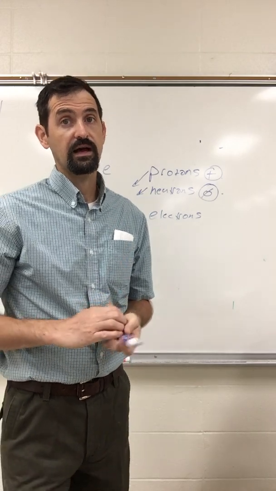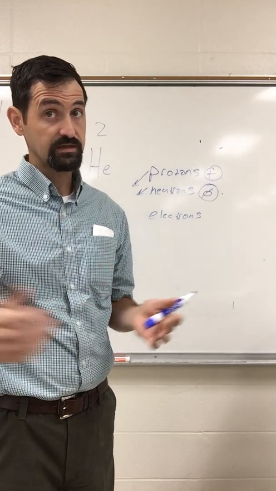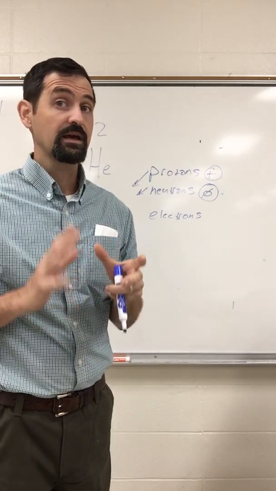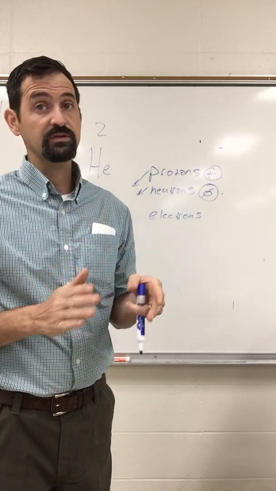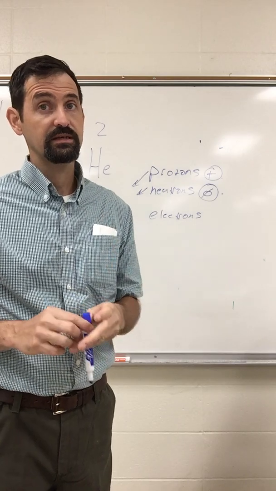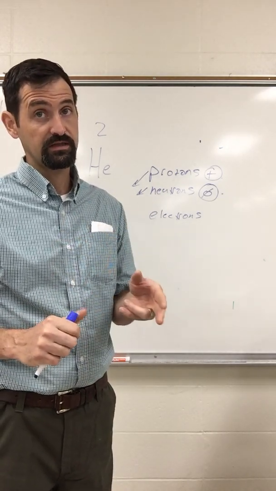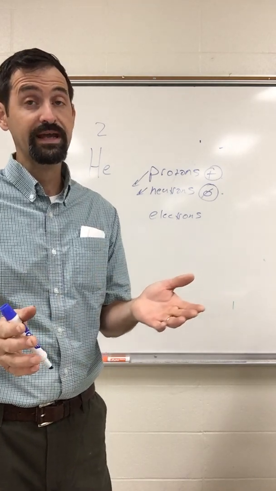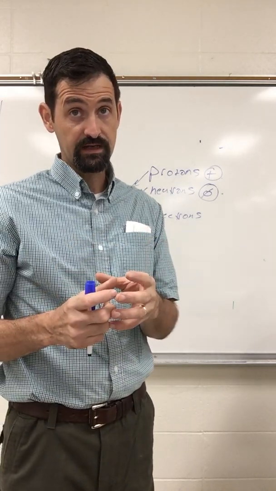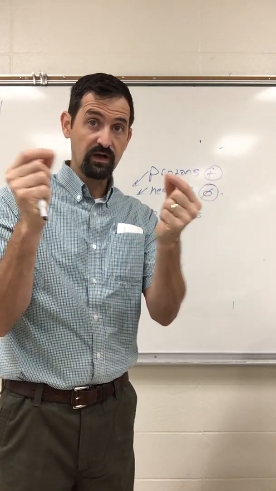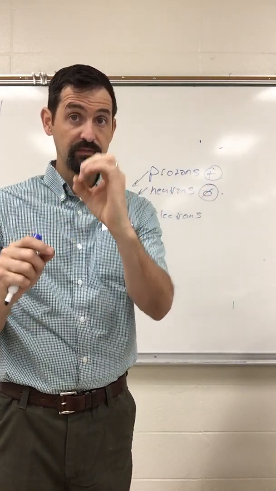Oxygen has 8 protons. So the number of protons determines which element it is. If I could change the number of protons, I could change which element it is, which is what happens in a nuclear reaction, whenever you have nuclear fusion, like fusing 2 hydrogen atoms together to make helium in the sun.